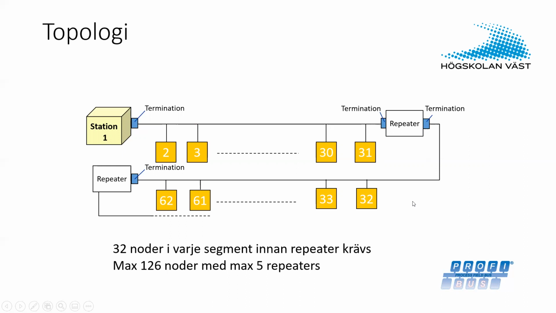So you can have very large networks, maximum 126 nodes. If you have a lot of different sensors or modules, this is very convenient. You don't need to build large networks like in a local area network with a lot of switches and ports. You just have one bus wire where you connect everything. So it's convenient.